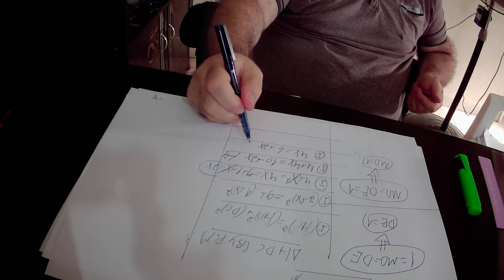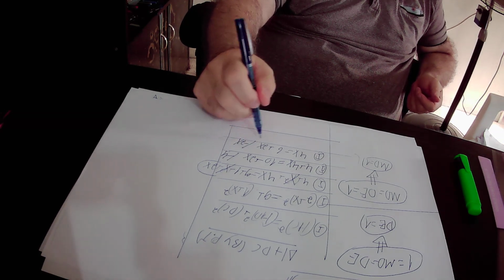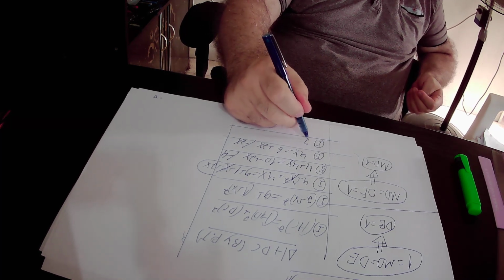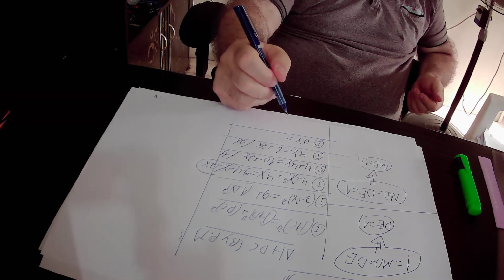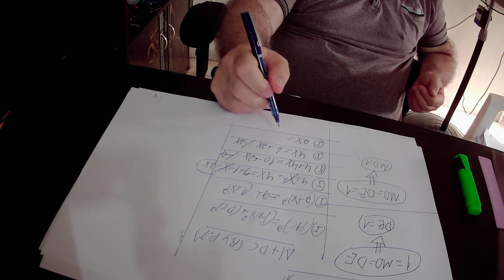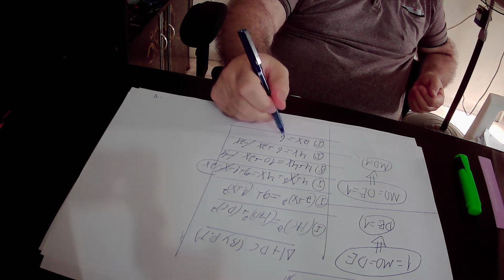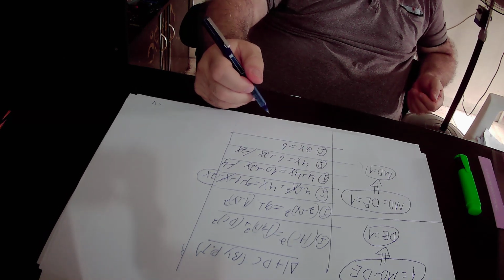So here we subtract 2x from this equation, equation number 1, and we get that according to equation number 1, 4x minus 2x is 2x, and so 2x equals to 6.